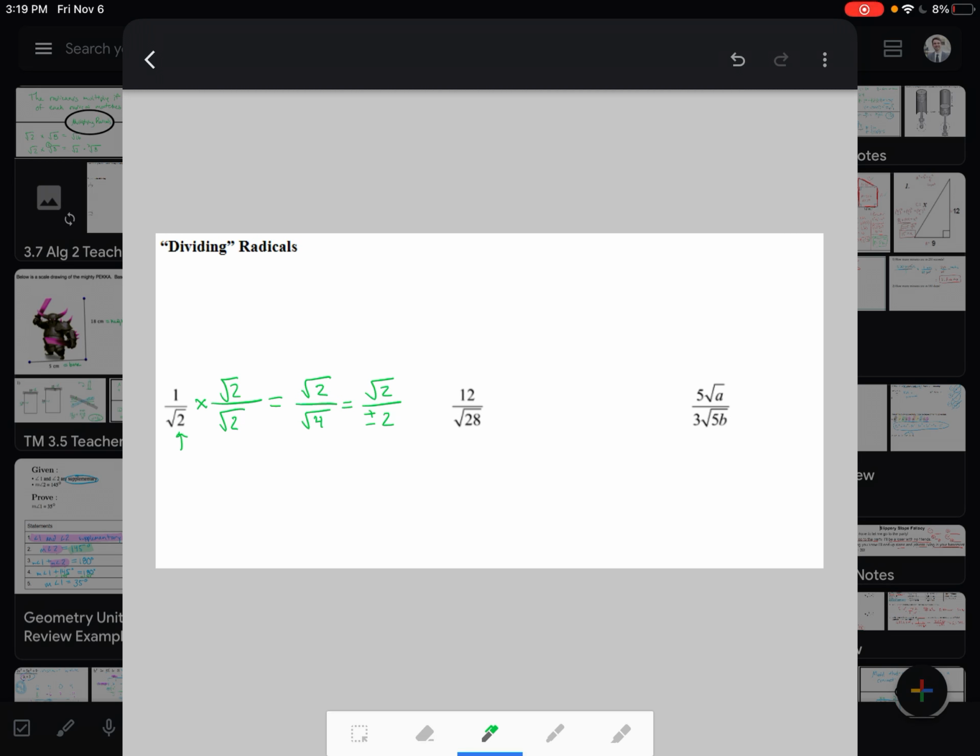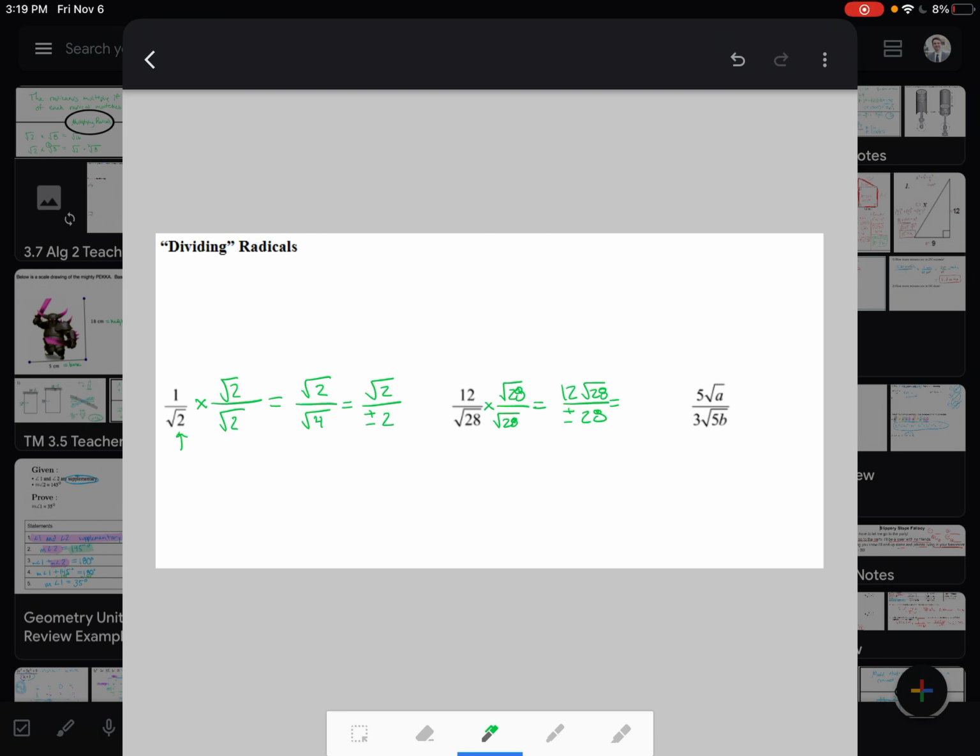So whatever is inside on the bottom, our radicand, if we multiply by that, that's just what comes out as our answer. So for example, on our next one, if we multiply by the root of 28, you can know before you even do this multiplication, on top you'll have 12 times the root of 28, and on the bottom you'll have plus or minus just 28.